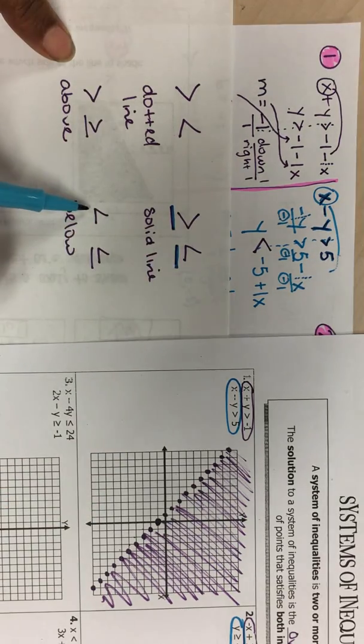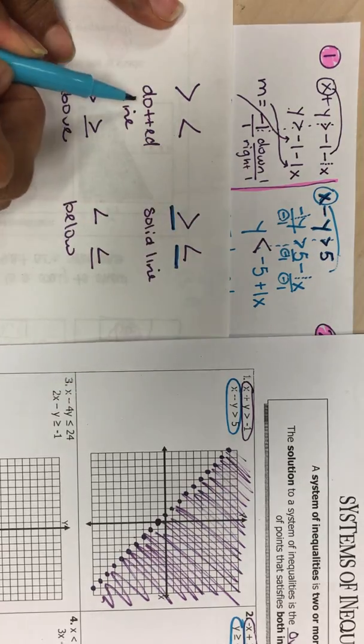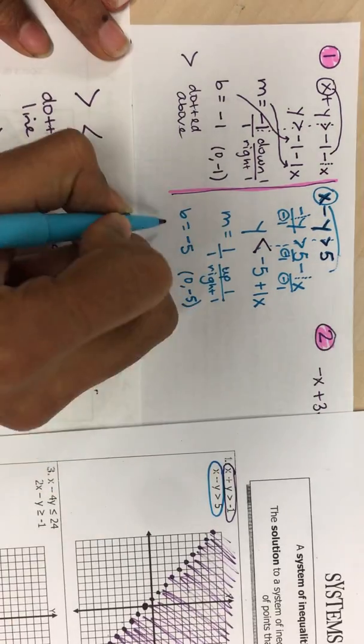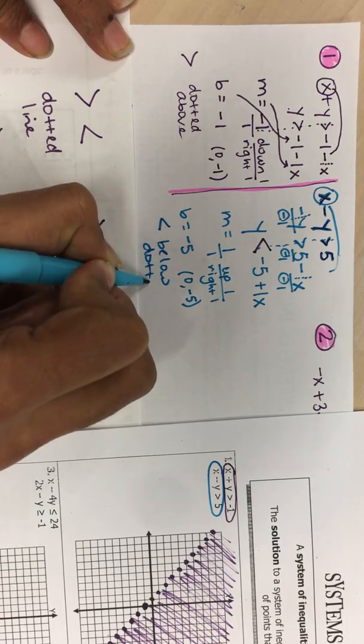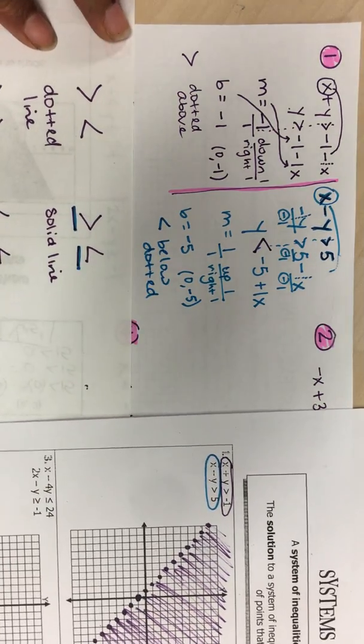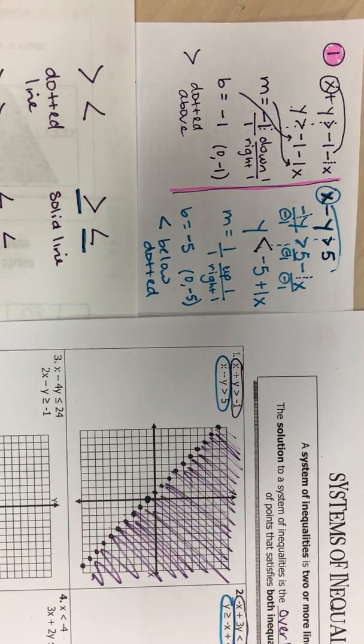Okay, so it's a below, shade below. And does it have a line under it? No, so it's dotted. So below and dotted is what I'm going to write. Now I have everything I need to know to graph this successfully. So let's do it. Here we go.